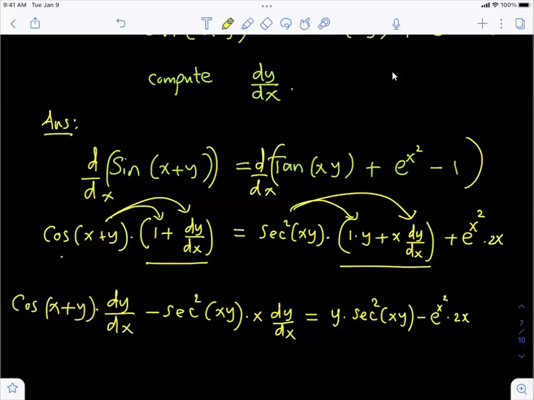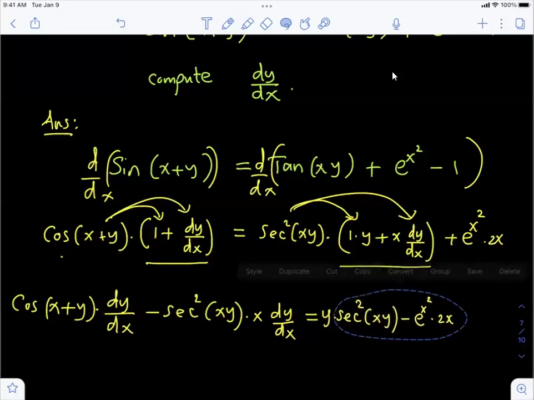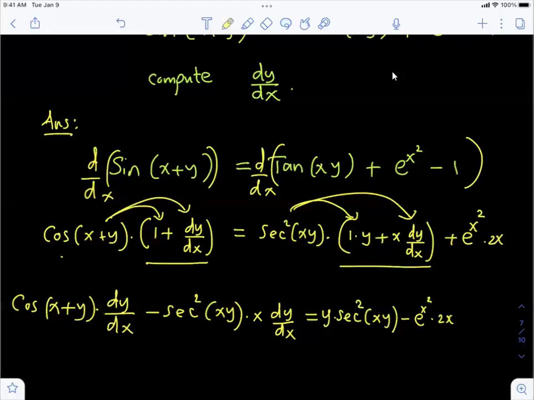And then don't forget, when I had this term in the left side, when I multiplied, I had one copy of cosine x plus 1. So I'm going to have that in the right side with a negative sign in front. So minus cosine x plus y.